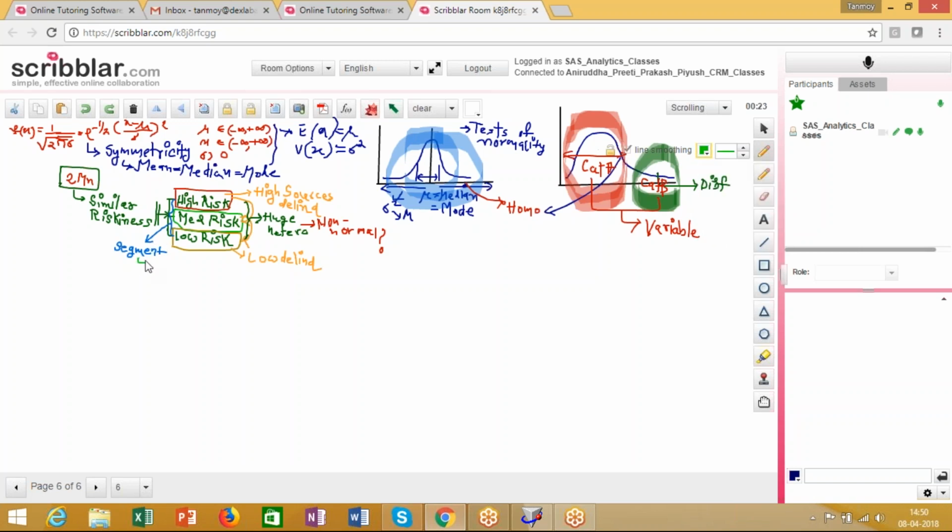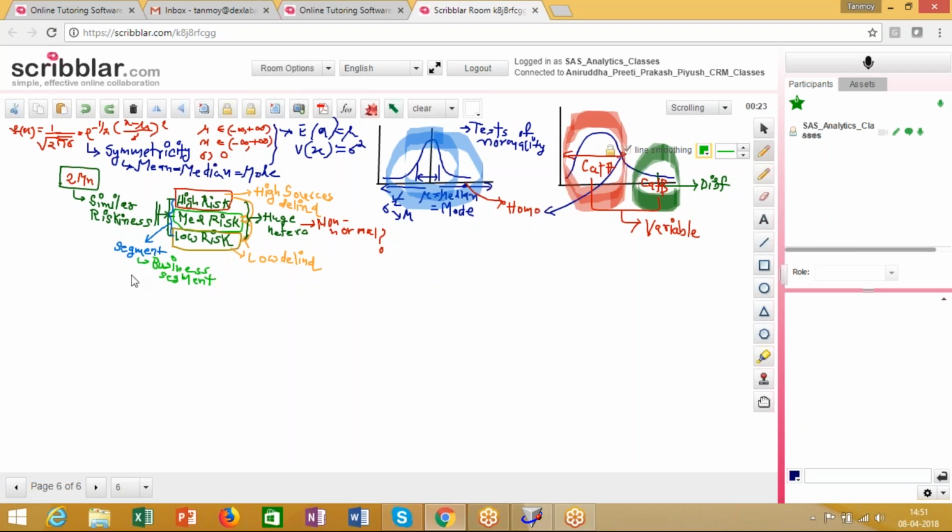One good type of segmentation is a business segment, or business segmentation approaches.